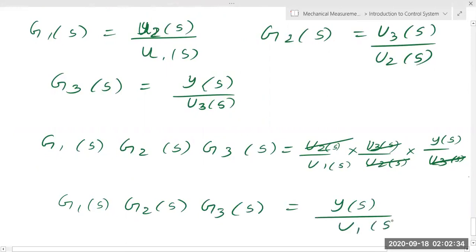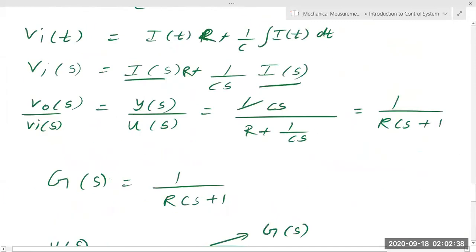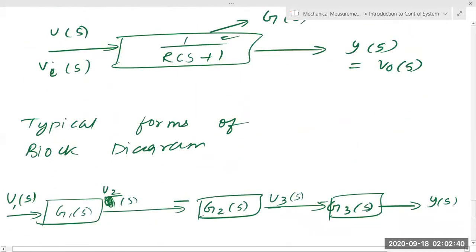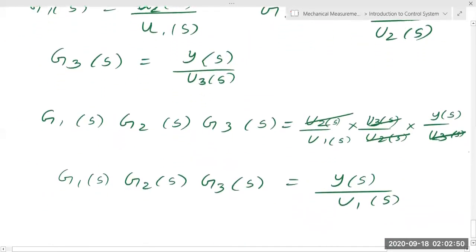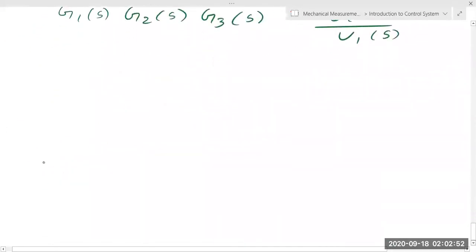If you look at this diagram, what is Y of S? Where is Y? Yeah, this. Y of S is the final output and U1 of S is the initial input, correct? So that means a simple thing: we can convert any block diagram in series, first rule, or first type I can say.